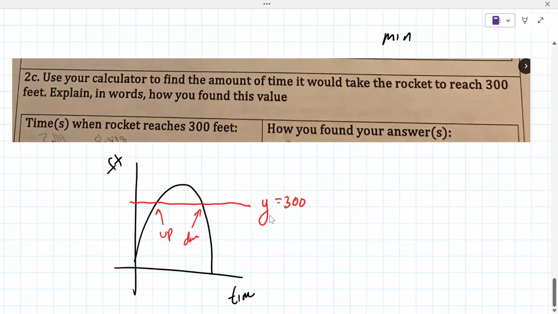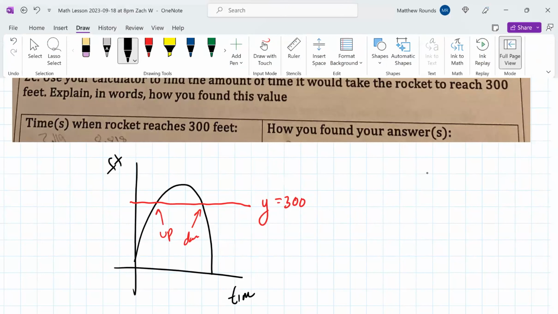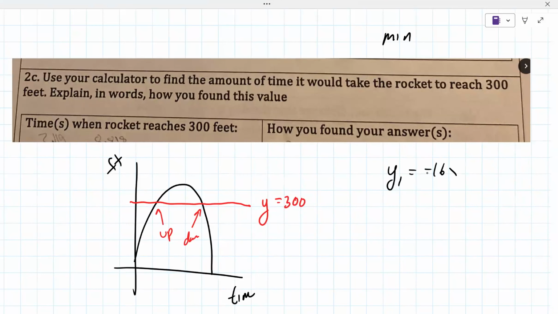All right, so now what we're going to do is add to the graph. Right now in y1, it's minus 16x squared plus 175x plus 1. And now in y2, we're going to put 300 in.